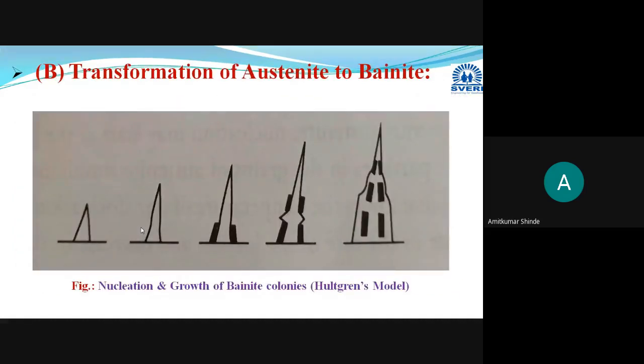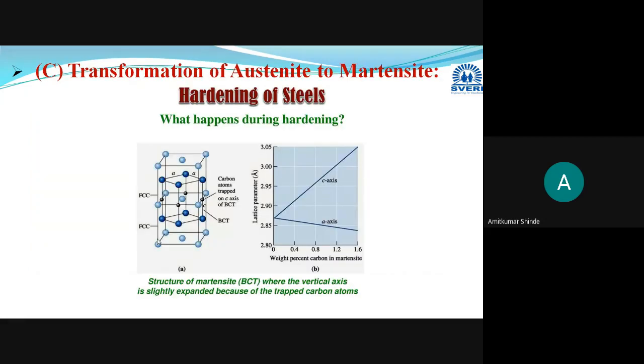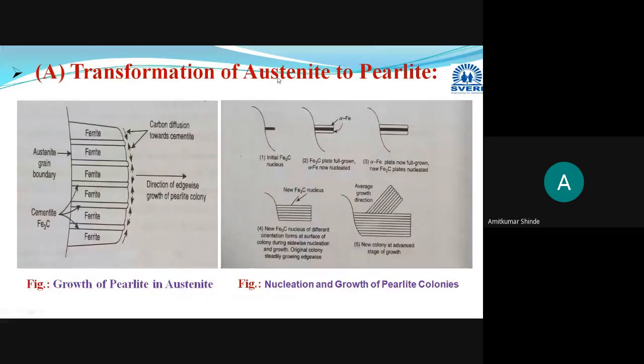Then it will start with the nucleation of the ferrite, and this nucleus has faster growth compared to the previous phase. In the previous structure, cementite and ferrite grow simultaneously and alternate layers are formed.